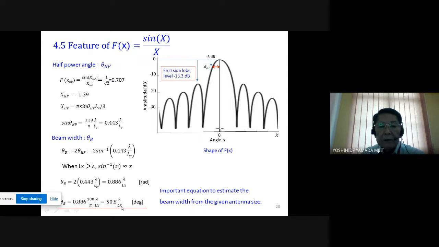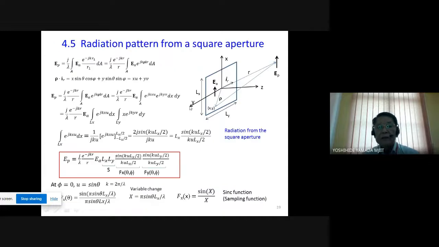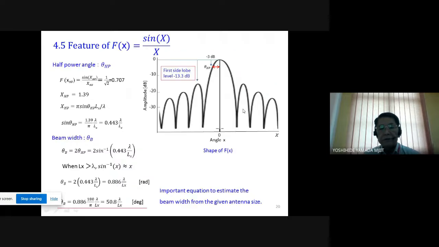And the beam width, the sharpness of this beam, is determined by the size in the X direction, or the size in the Y direction. So for a very small aperture antenna, radiation characteristics can be estimated very simply. Beam width.